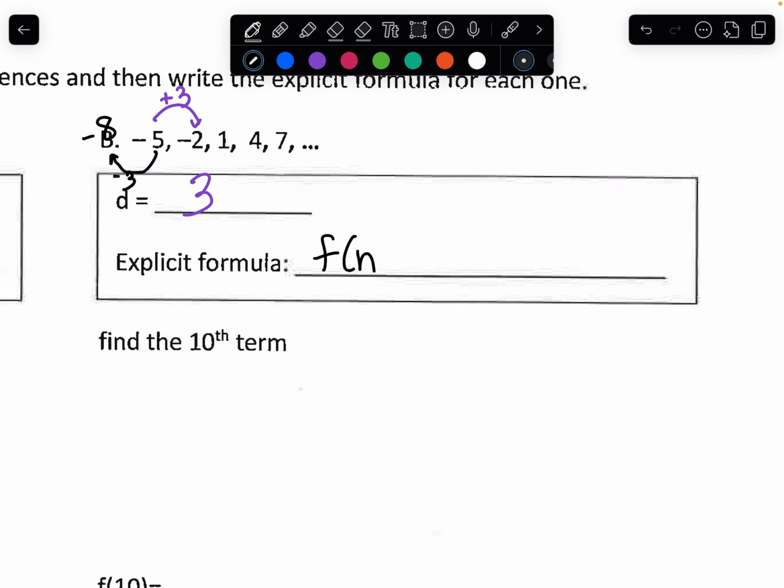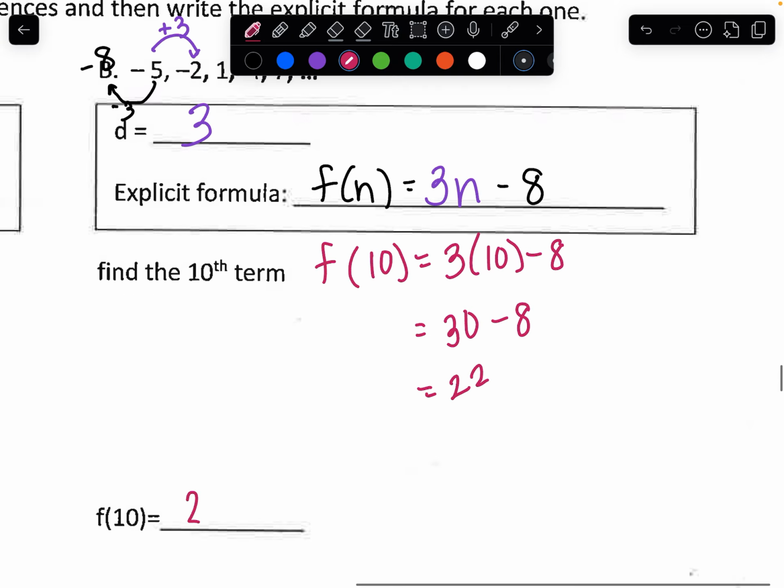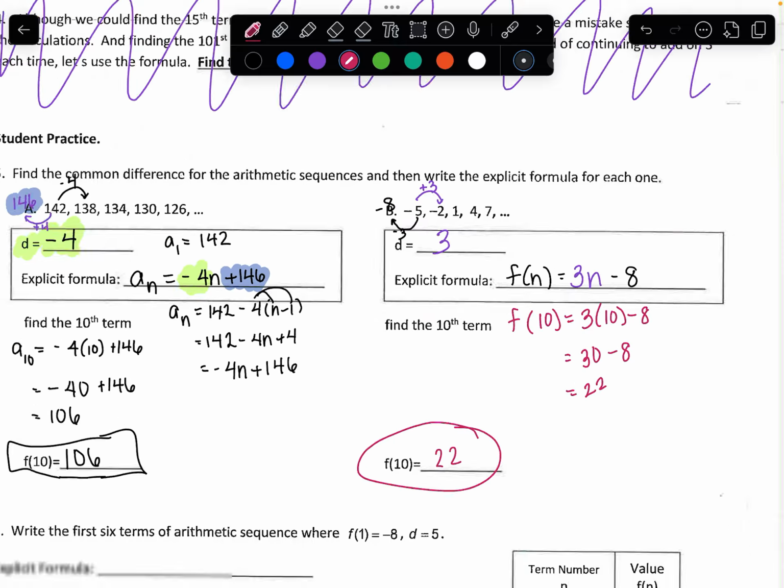F of n equals our common difference, also known as slope, n plus my y-intercept, which is my 0 term. And there we go. And now what we can do is plug in 10 into our problem. And so 30 minus 8 is 22. And so 22 is our 10th term in the sequence.